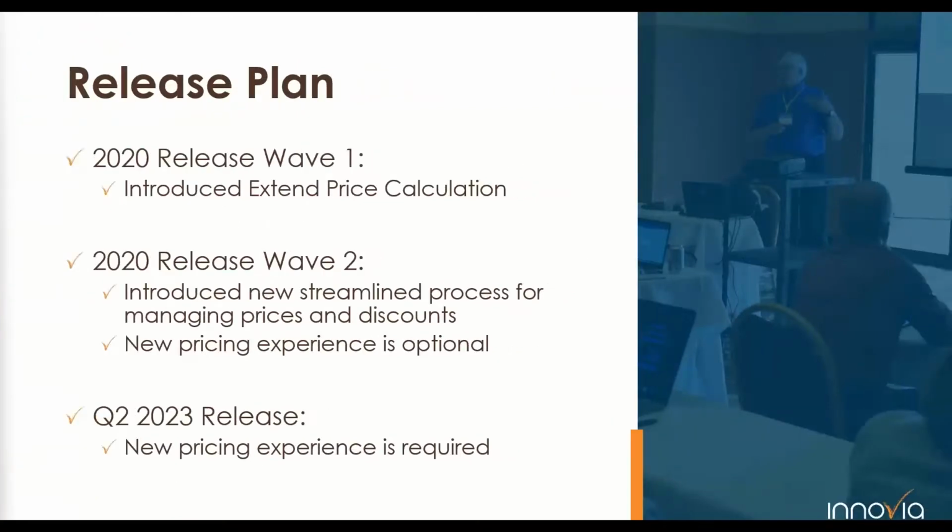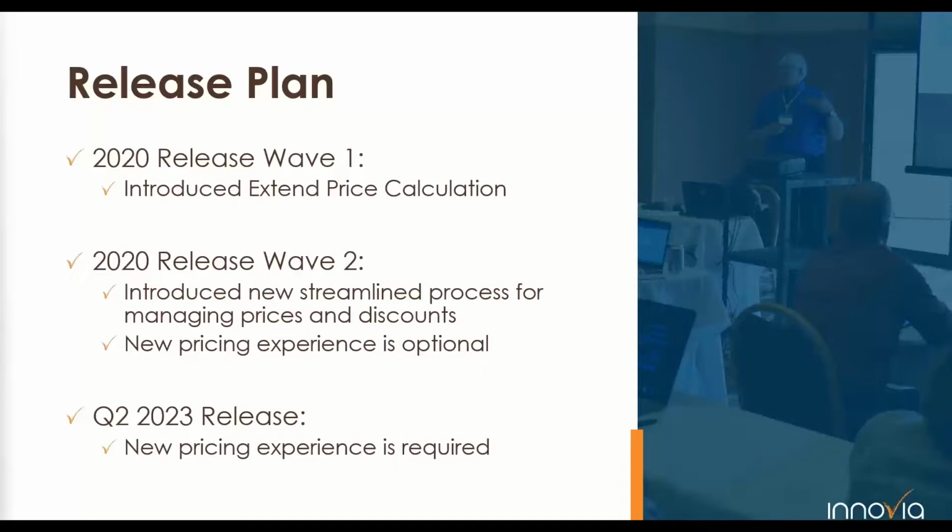All right, so let's first talk about the release plan. So back in 2020, it's called Release Wave 1 of Business Central. They introduced an extend price calculation, and that basically gave developers the ability to easily hook into sales pricing to be able to modify it.